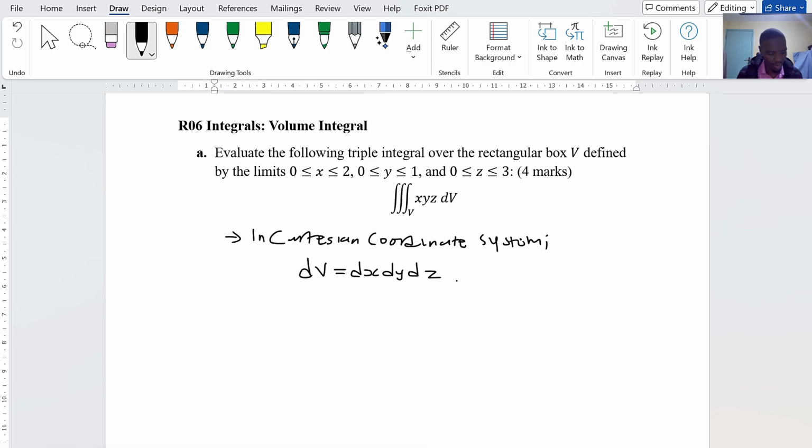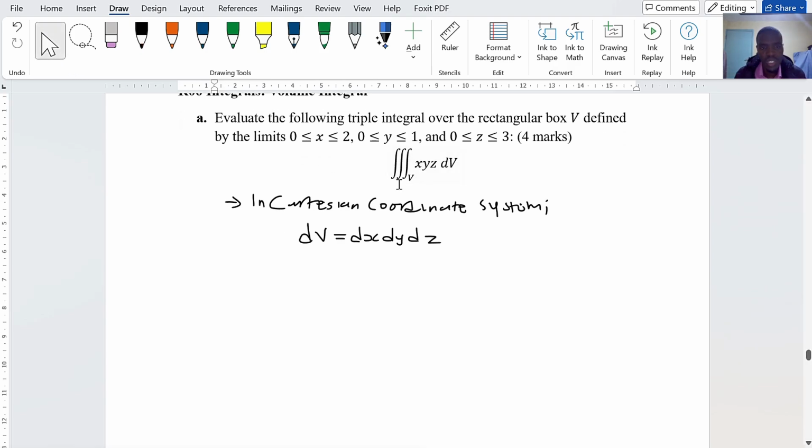So that is what we know for dV. If you're told to integrate this, then this is simply integrating inside out.